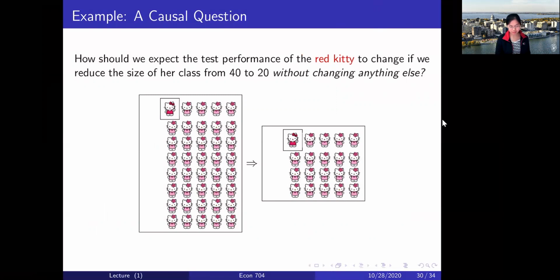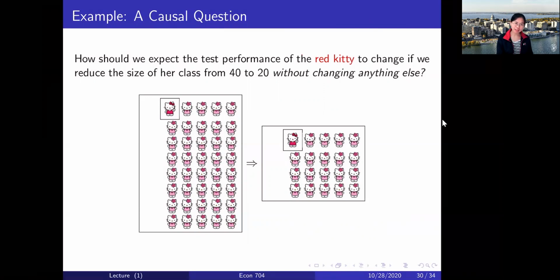Now let's consider a simpler one. So we want to consider the simple question of how changing the size of the class impacts the test performance of students. Let's say the students are the Hello Kitties. A causal question is as follows.